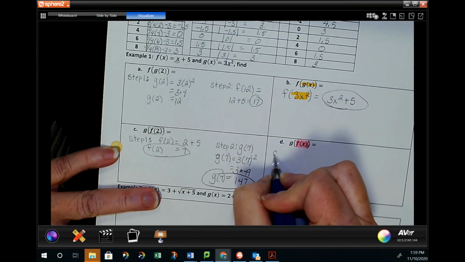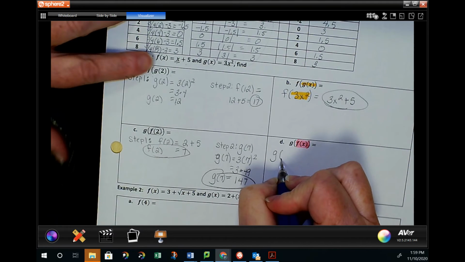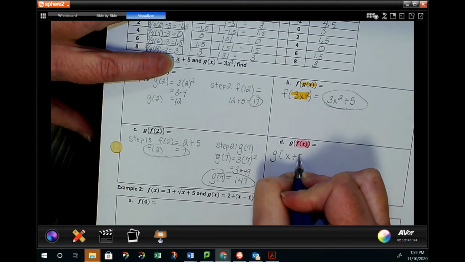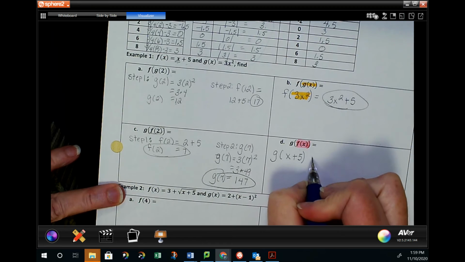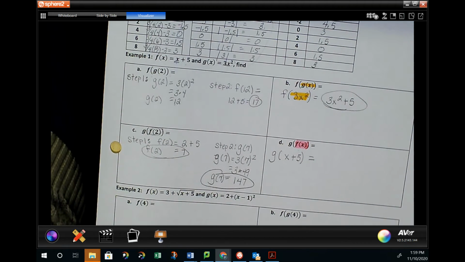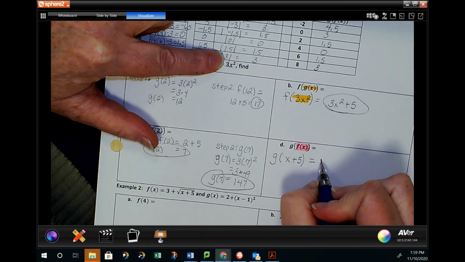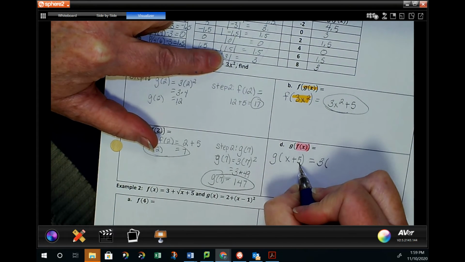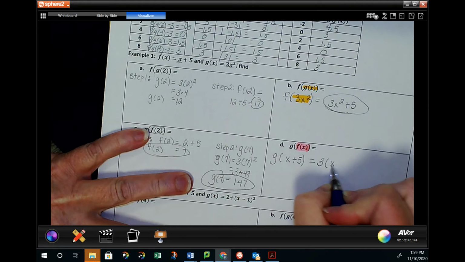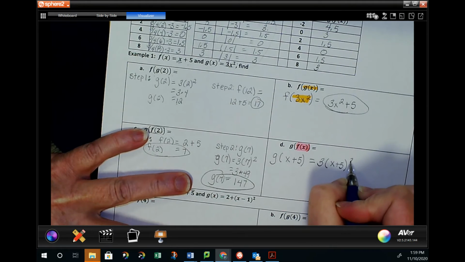So this time, we're taking this part right here, and I'm substituting in that function f. So g waits his little turn, and I'm going to substitute in that x, so f of x is x plus 5. Wherever I have an x, I'm going to substitute in x plus 5, and then I square that.